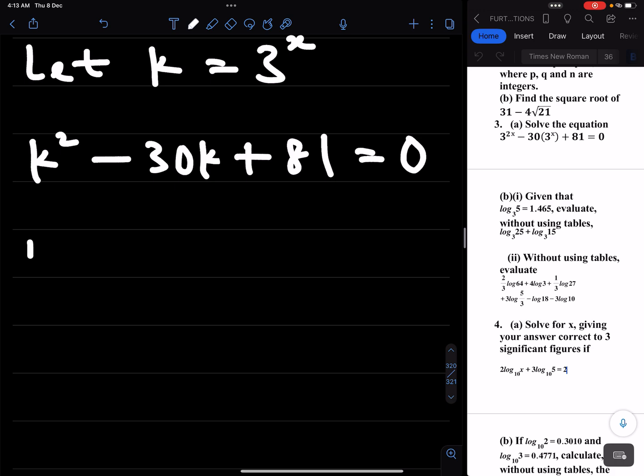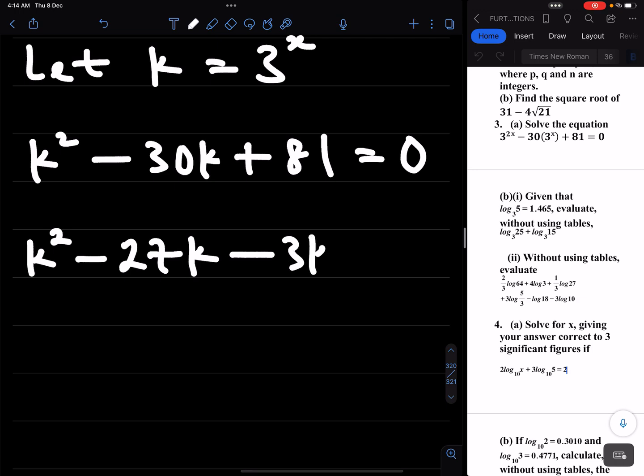Now, can I solve this by the factorization method? That's the same as k squared minus 27k minus 3k plus 81 equals 0.